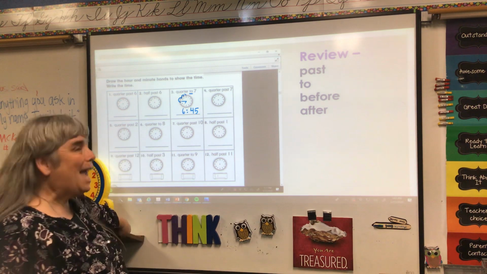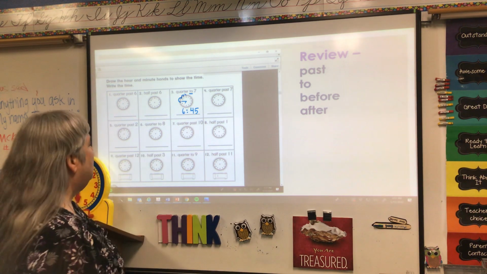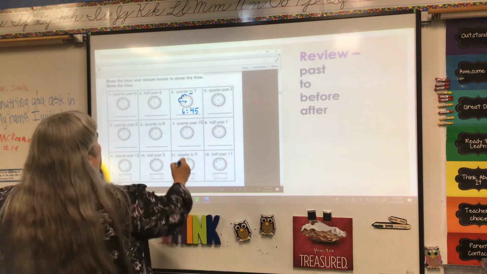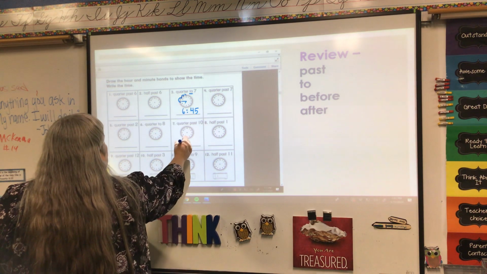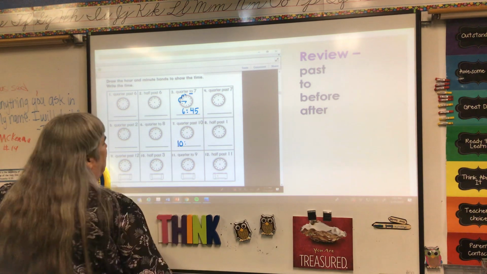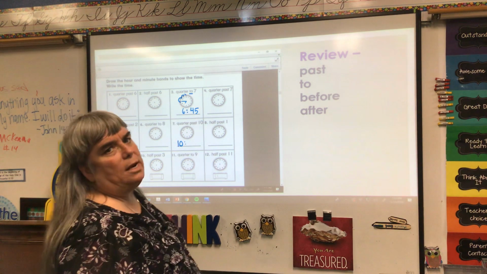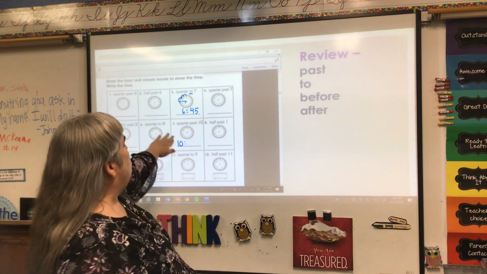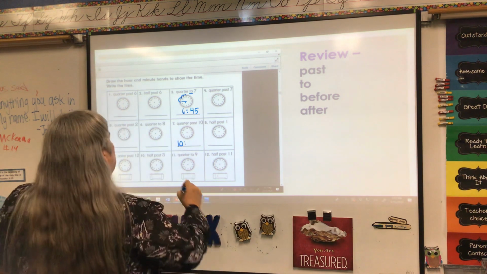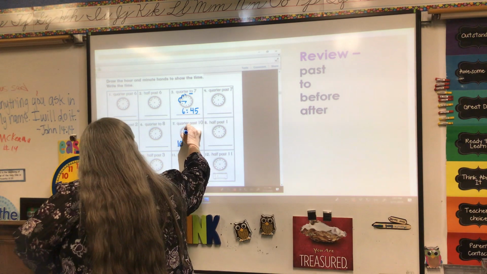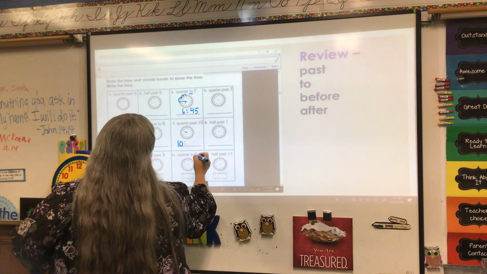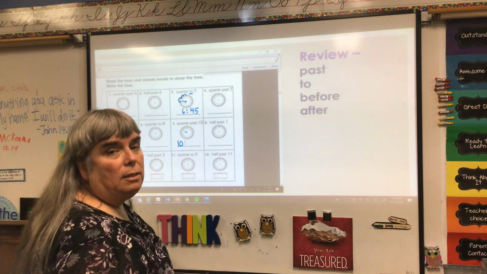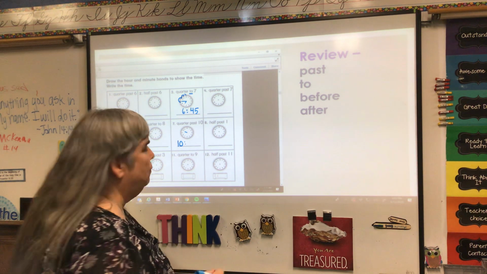Here it says 10 o'clock. So that means it's after 10 o'clock. So I know that the hour is going to be 10 o'clock. But I want to figure out what are the minutes, right? So I know it's a quarter of an hour. So I'm going to draw the clock face. The hour hand is shorter. And then if it was 10 o'clock straight up, then the minute hand would be on the 12.